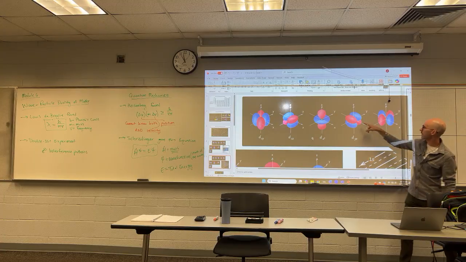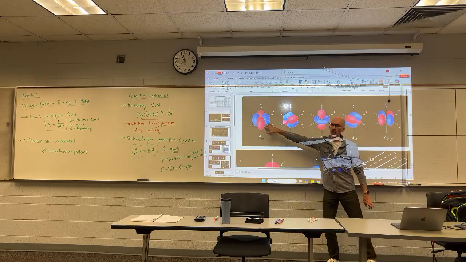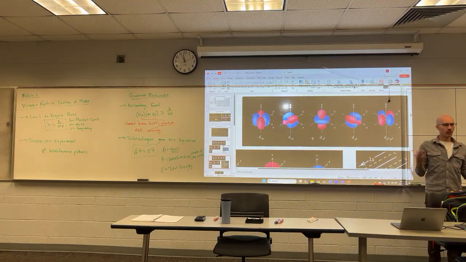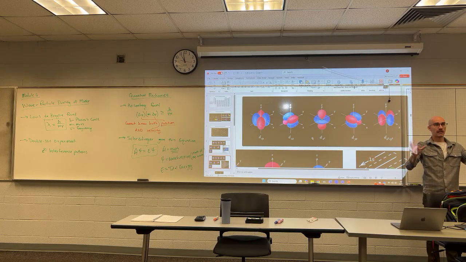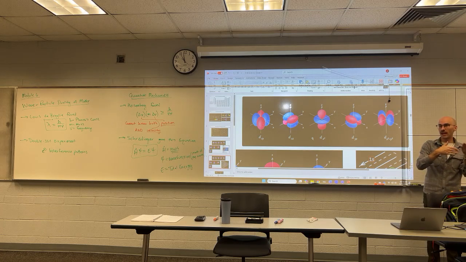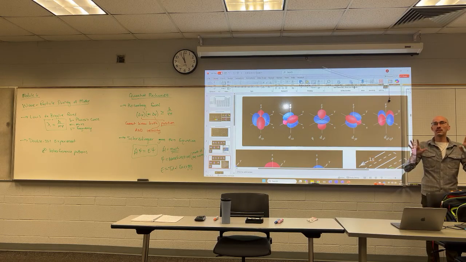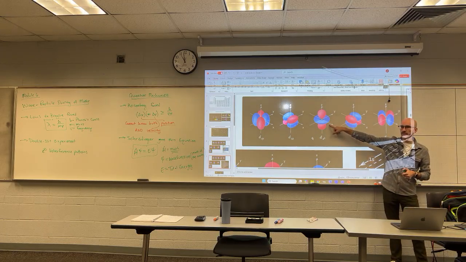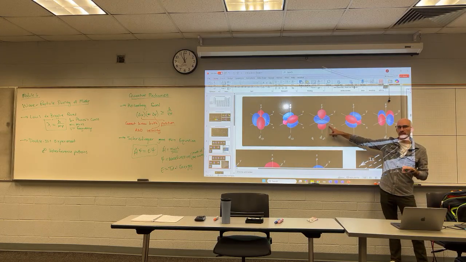You've got these 4 eggs, and you're just orienting those 4 eggs in different ways along the x, y, and z axes. That is important. How those eggs lie along the different axes changes their orientation, makes them unique from each other, makes them unique ways to describe how an electron exists and behaves. And then you've got this guy in the middle, 2 balloons reflecting over a donut. This is the dz squared orbital. It's one of my favorite ones to draw.